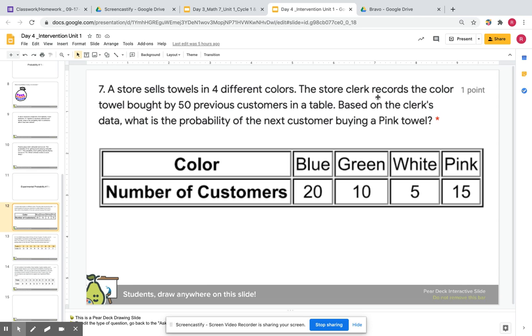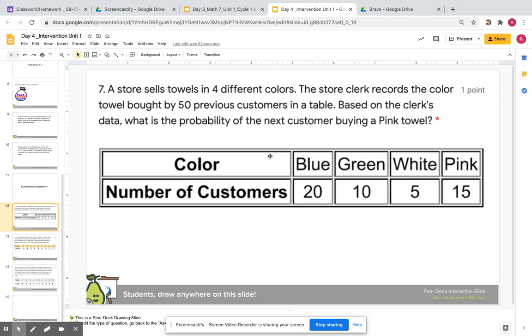The store clerk records the color towel bought by 50 previous customers in a table. Based on the clerk's data, what is the probability of the next customer buying a pink towel? Go ahead and read this by yourself. I'll give you a few seconds.